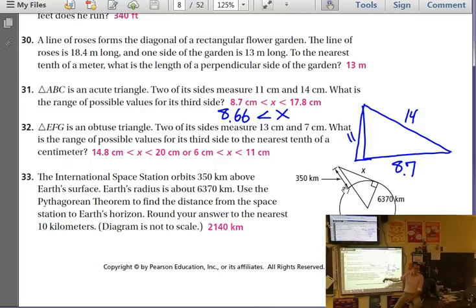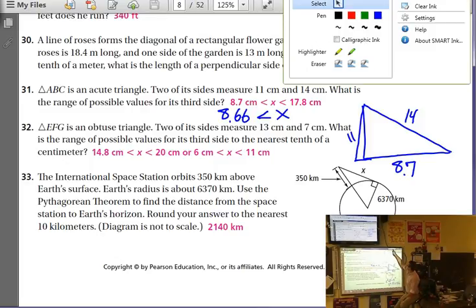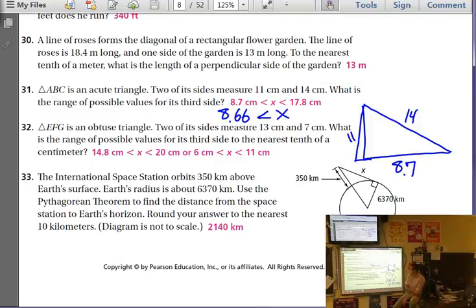No, yeah, I know. But then I do the same thing, but instead of solving for a leg, let me capture this real quick. I leave my 11 where it is, but now I make my 14 my leg. So now 11 squared plus 14 squared, and we take the square root of that.